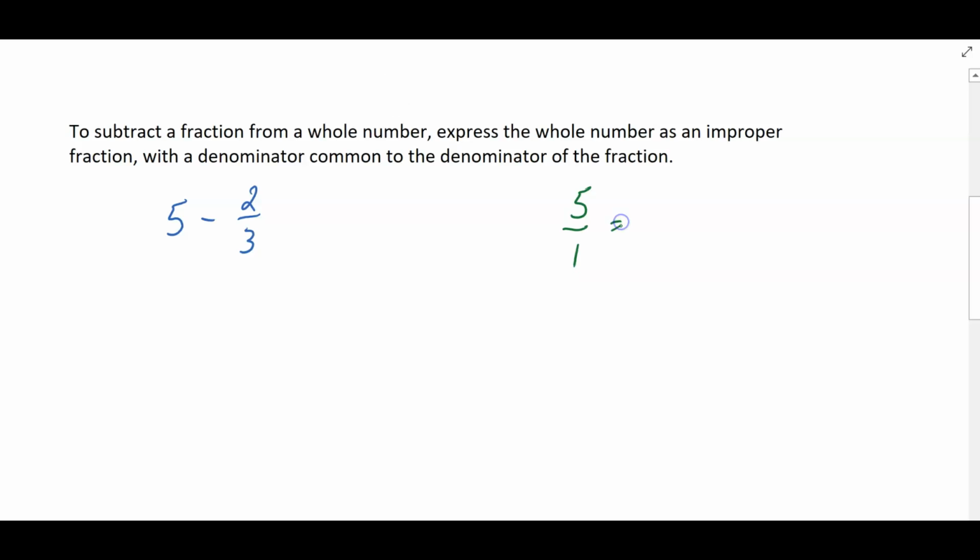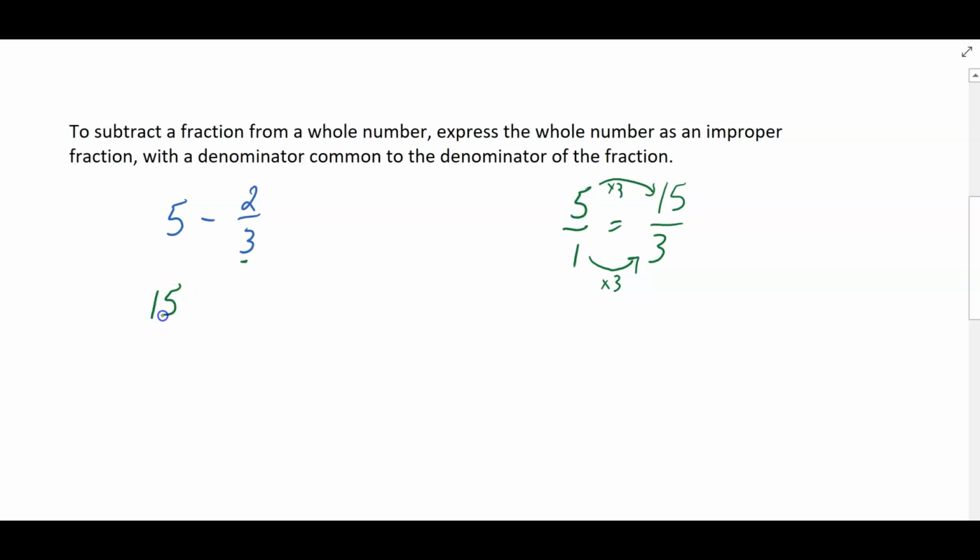We want to express this in thirds. Well, 1 times 3 is 3, so I must multiply by 5 times 3. 15 thirds, well, 15 divided by 3 reduces to 5, so 15 thirds is another way of saying the whole number 5.